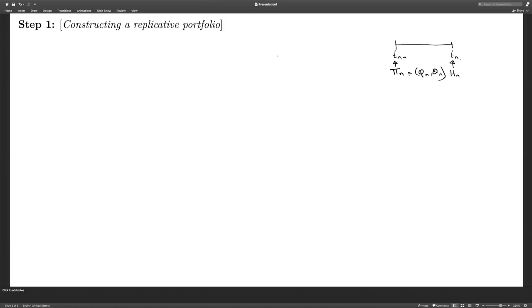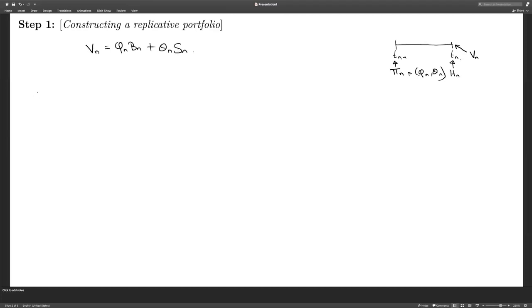So for that, we first have to get the value of this portfolio at this time. That is, we take Vn, the value of this portfolio at time Tn, which is given by Vn equal to phi_n Bn plus theta_n Sn, right?